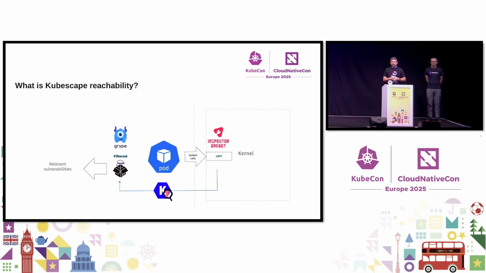This led us to developing the reachability feature, where we use eBPF monitoring of file activity in the containers at runtime in order to say which software packages are touched by the runtime. The way we do it is, as you see here, we create an SBOM for the image that is running in a Kubernetes cluster. We use Syft and Grype for this.